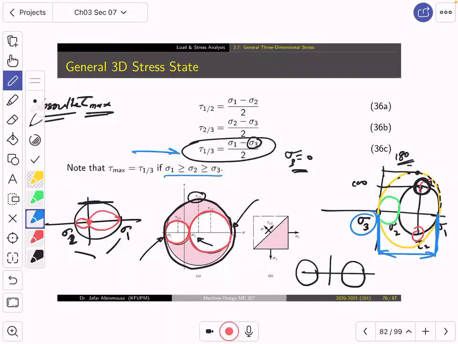Tau maximum will be sigma 1 over 2, which is the radius of the biggest circle in this figure. By the way, this tau we call out of plane.